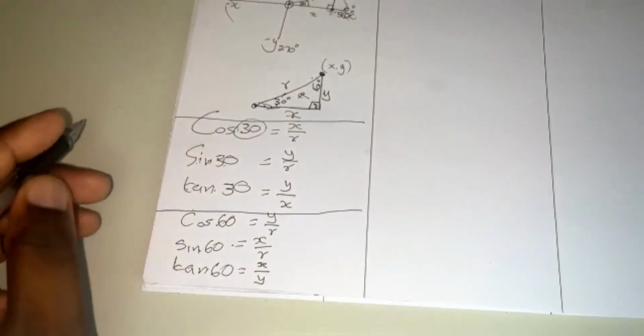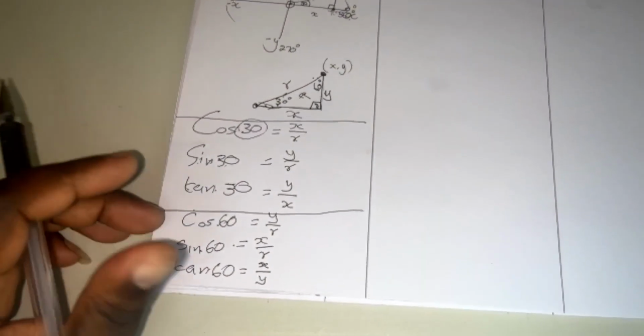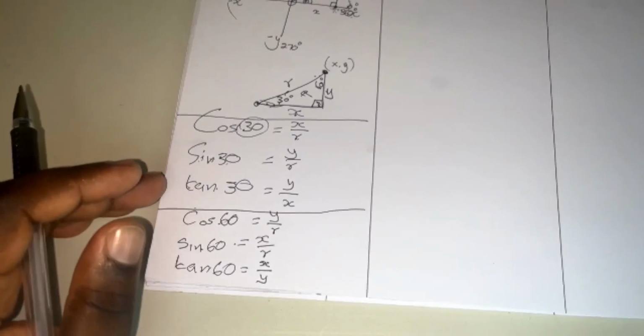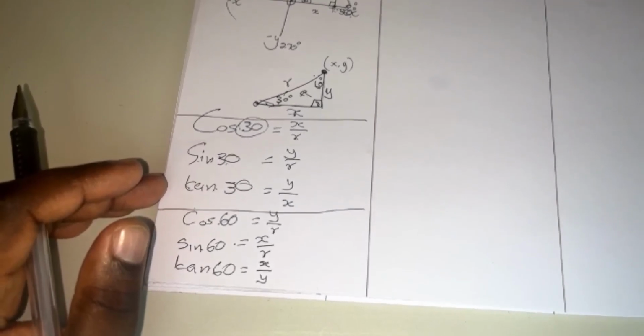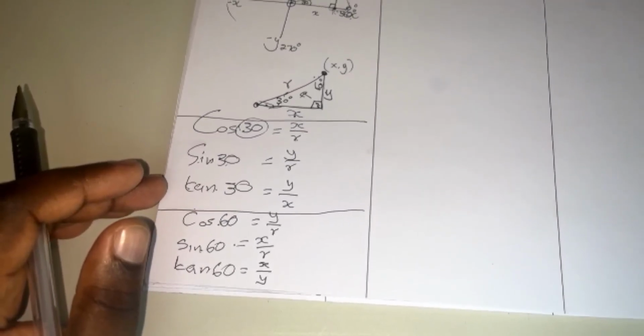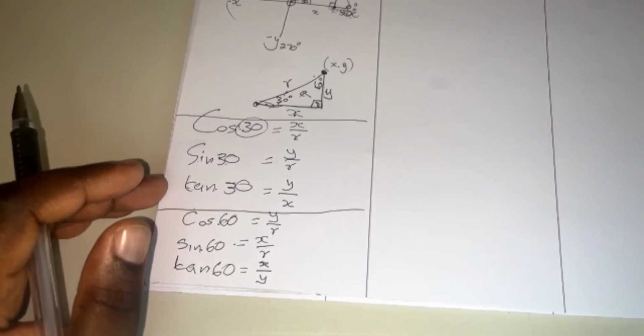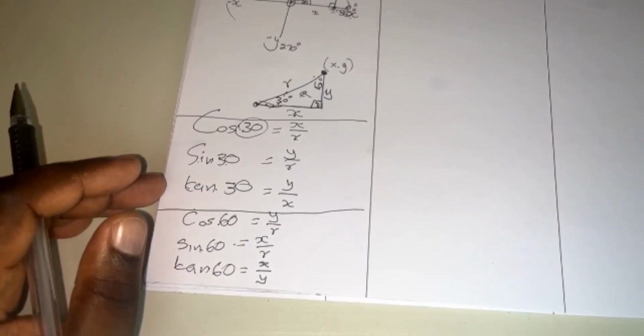So every time, first of all, look for the triangle that they are talking about, and also look for the values that they want you to look out for. And then which angle did they use? If you figure out which angle they used, then it's going to be easy for you to understand the usage of the x and the y and the r.